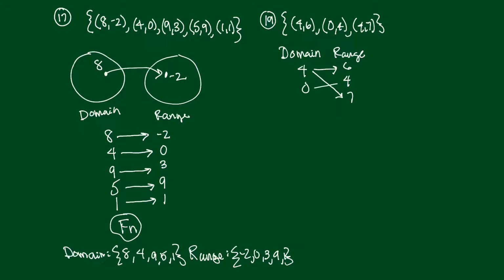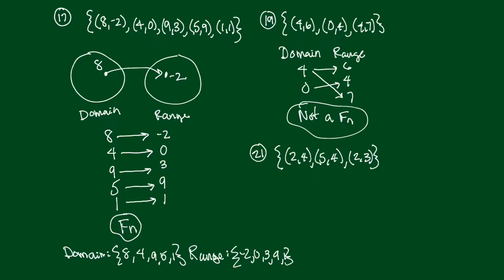It turns out 0 goes only to 4, but the problem is that the 4 goes to 6 or to 7. It's ambiguous. What we want is one element in the domain going to exactly one element in the range. But we have this one element going to more than one element. So this is not a function.